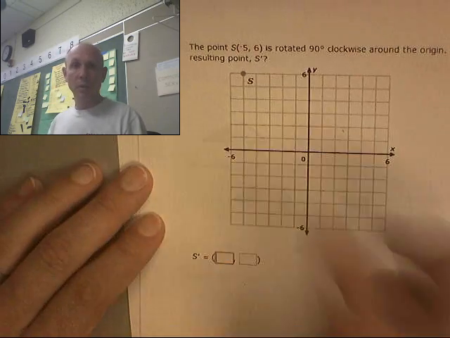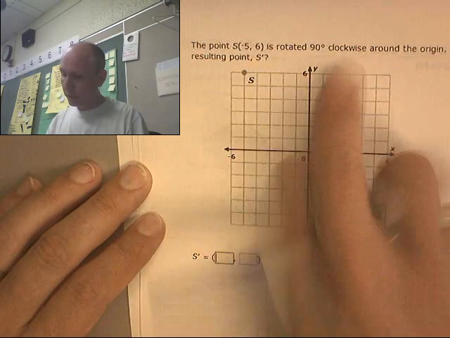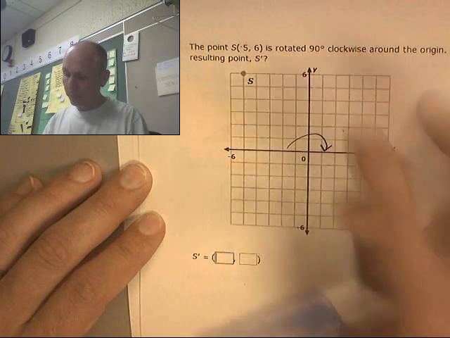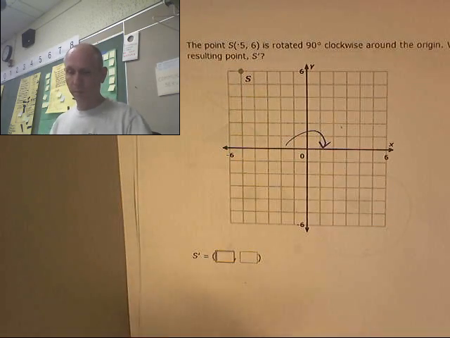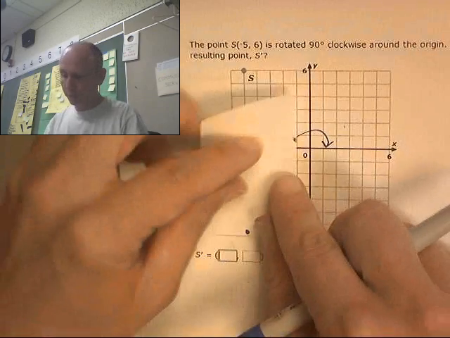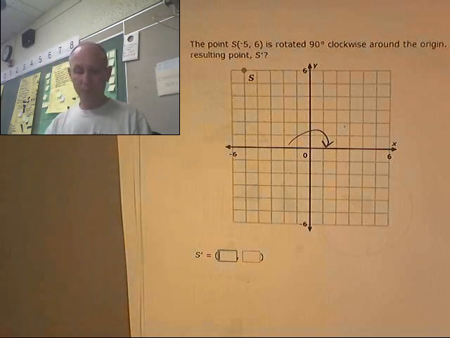Here's another one. We're going to rotate this point S clockwise 90 degrees. So it's going to end up over here in this quadrant. Let's see if I have a piece of paper that'll work. Maybe I should get a new piece of paper.